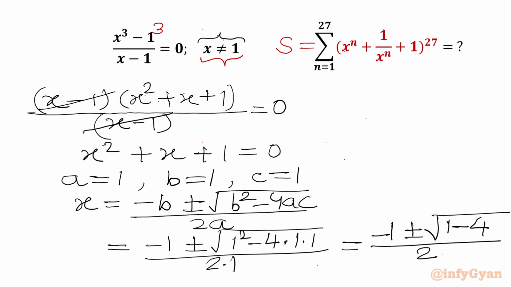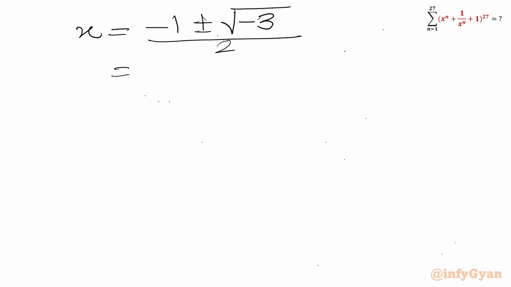Or we can write x will be equal to minus 1 plus minus square root of minus 3, over 2. Or I can write minus 1 plus minus i square root 3 over 2, where i is square root of minus 1.